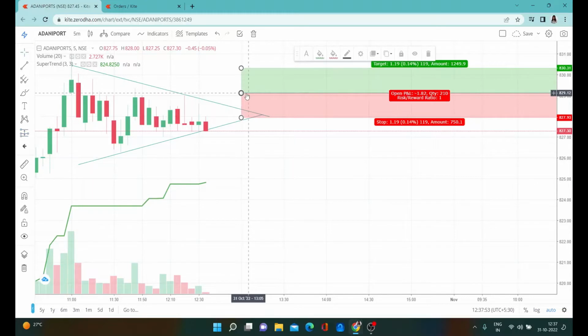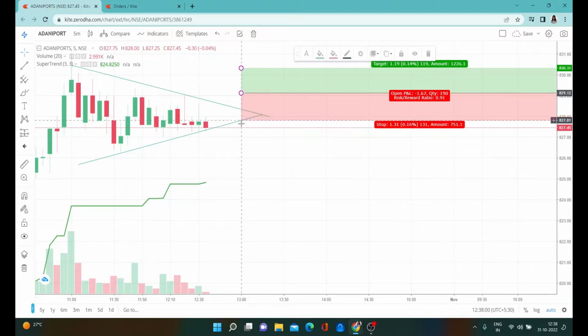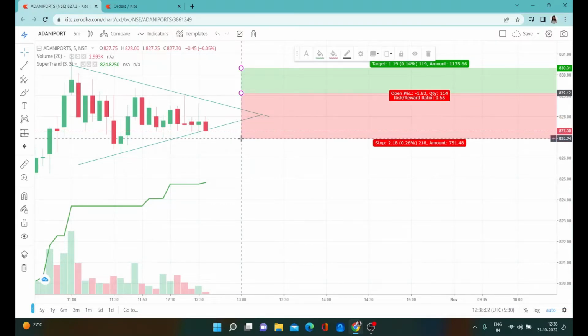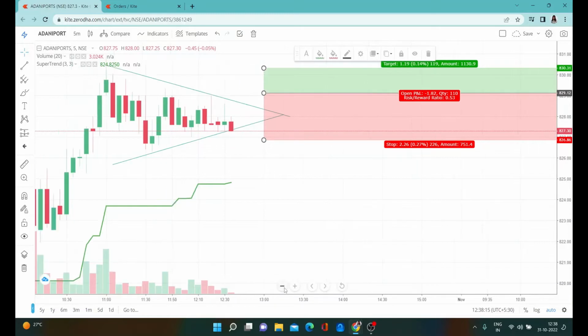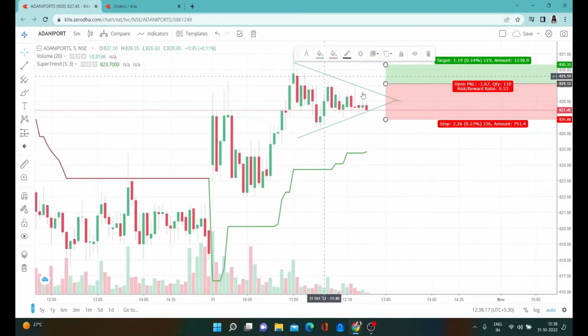So your entry should be around 829.2. Stop loss will be at 826.8, below the wick of this bullish candle, and target would be around 3 points.